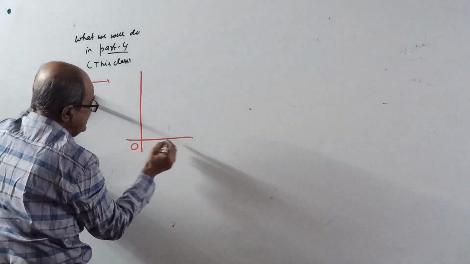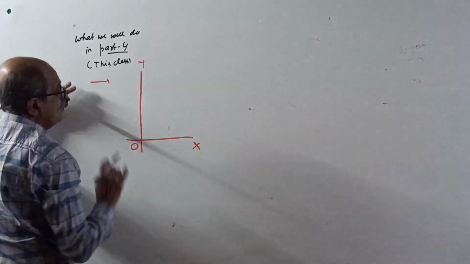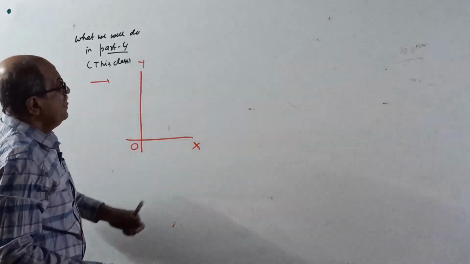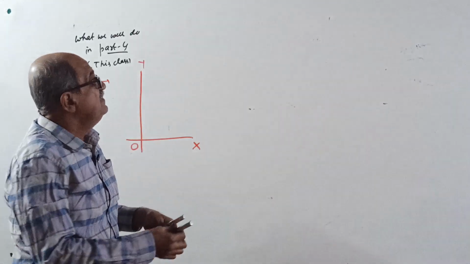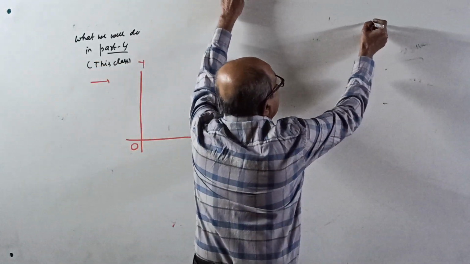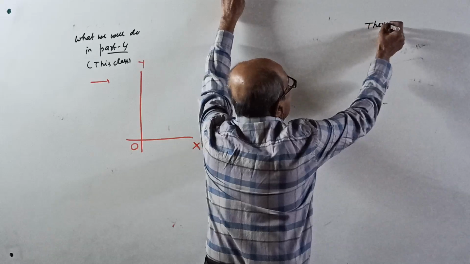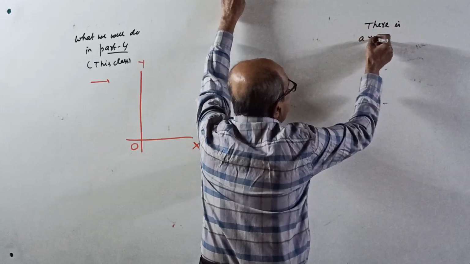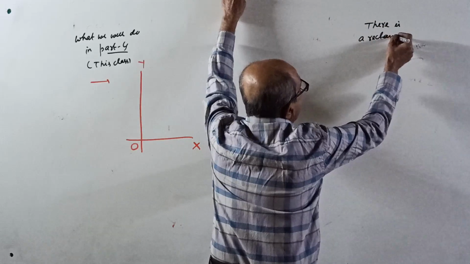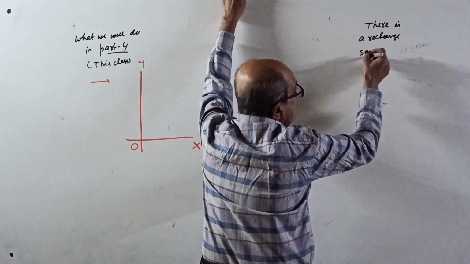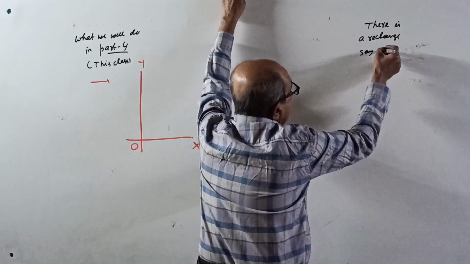I write now OX, OY. And one rectangle will be there. See, there is a rectangle. Say some dimension, any dimension will do. Usually the width will be lesser. Say 100 mm.